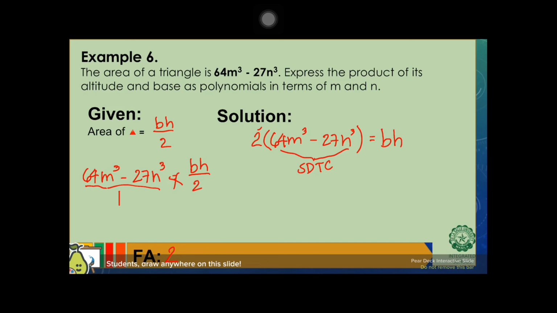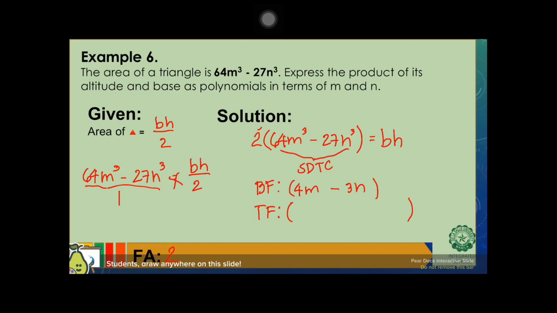So for this one, we have binomial factor, and simply get the cube root of the first term and second term, copying the operation of your binomial given. So cube root of the first term, that would be 4m. Cube root of the second term would be 3n. Once you have that, you can simply get the trinomial factor of your given sum and difference of 2 cubes. Focus on your binomial factor.